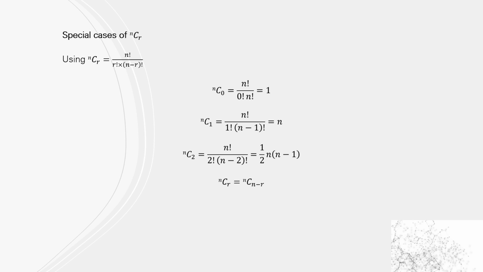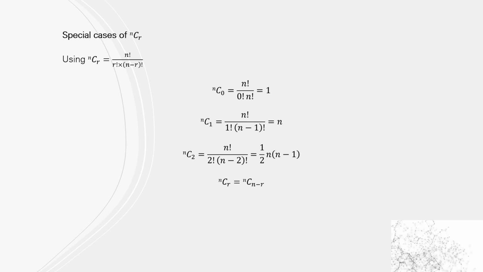And using our factorial notation, we get n, and that would be the second number in. It's always whatever n we're talking about. And the final one is nC2, which is n factorial over 2 factorial times (n minus 2) factorial, which gets you a half n(n minus 1).